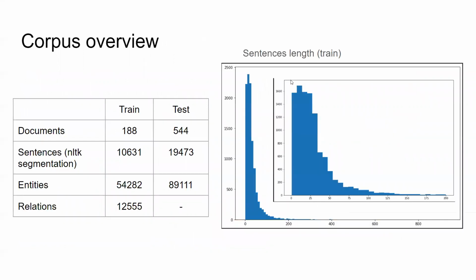To solve these problems, competition organizers provided a manually annotated corpus of Russian business documents. Let's take an overview of this corpus. In the table, you can see general statistical information. For sentence segmentation, we used the NLTK package. In the diagram, the sentence length distribution is shown.